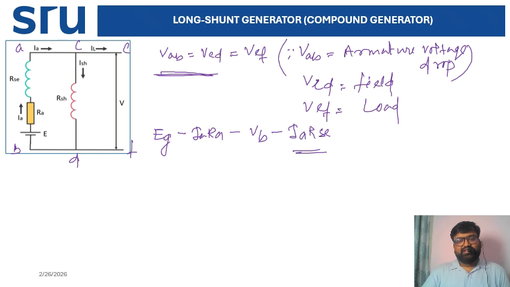In the shunt generator, this factor is not there. If you compare both the equations, this factor is new. VEF means that is your load voltage. If you have the load voltage, then how will you calculate the IA? IA is nothing but, when we calculate, that is your EG minus VB minus VL by A.